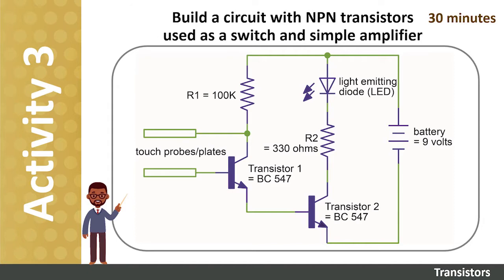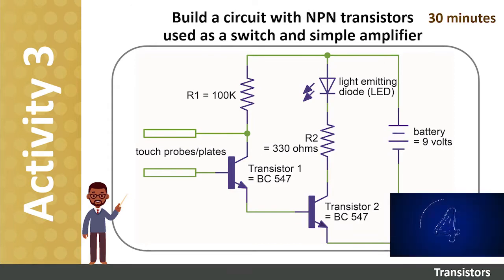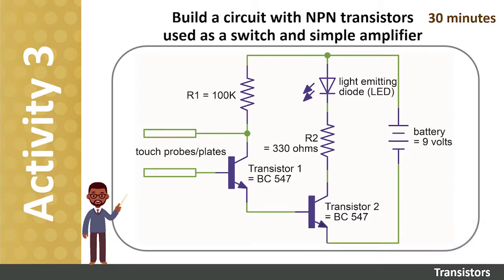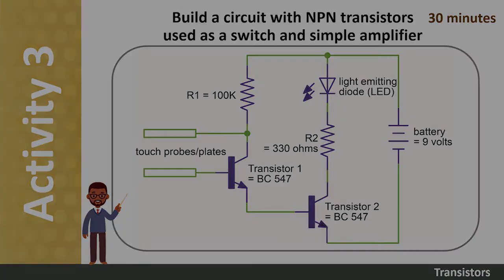The circuit diagram indicates how you can include a relay or a buzzer in the circuit. We will now watch a video demonstrating how this activity could have been done.